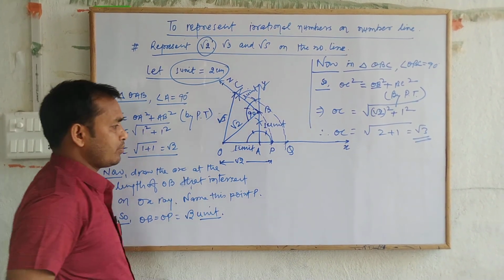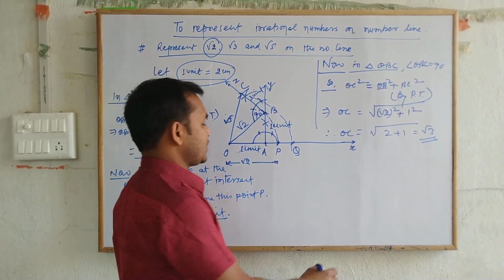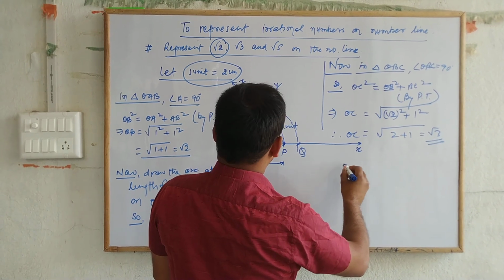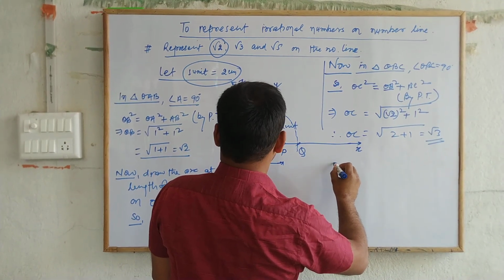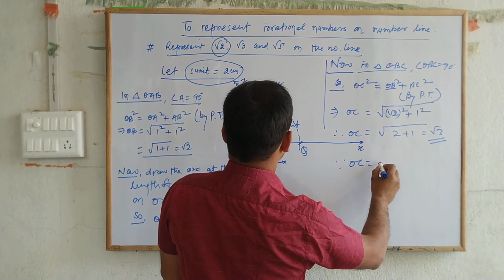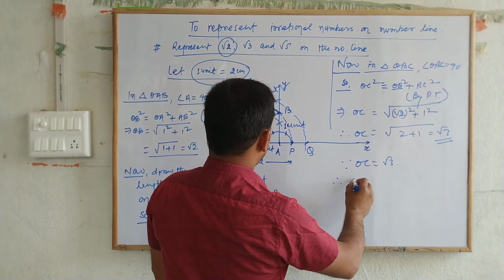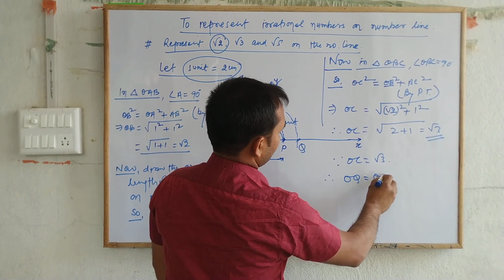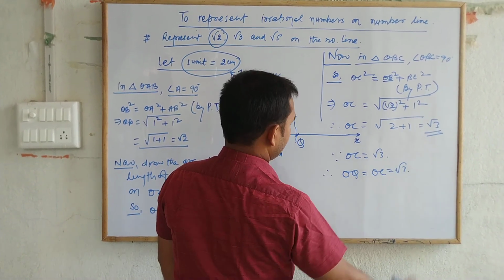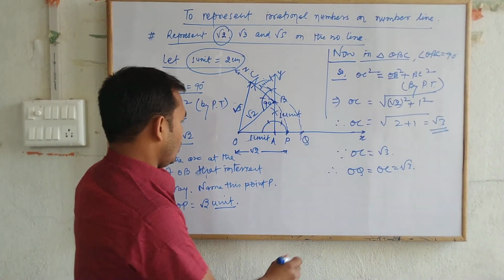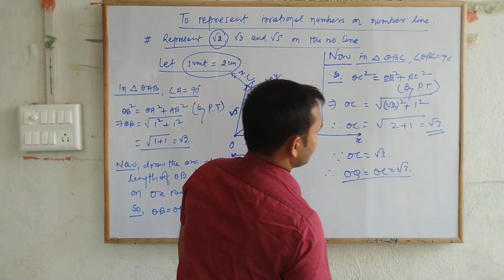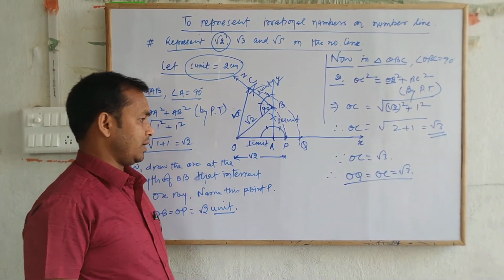Write the intersection point Q. Understand? Since OC is equal to root 3, therefore OQ is equal to OC equal to root 3.